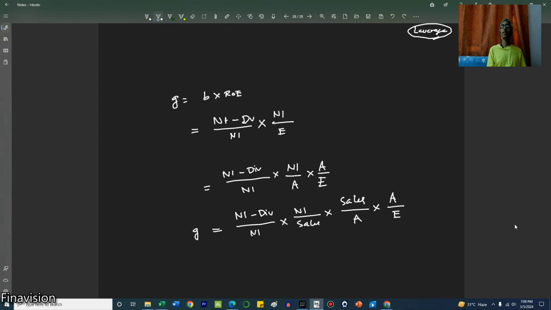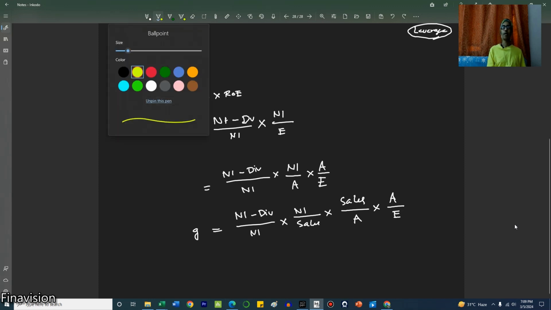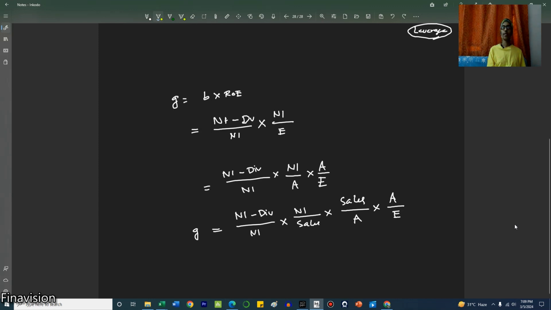So this can become our final elaborate expression for sustainable growth rate. It is the same sustainable growth rate which is expressed as B into ROE. The only thing is we have broken it up a little bit more.